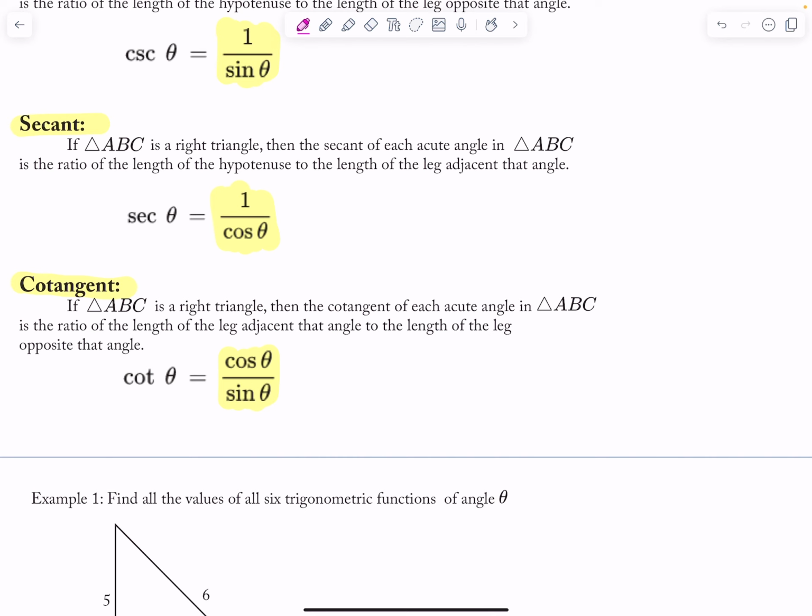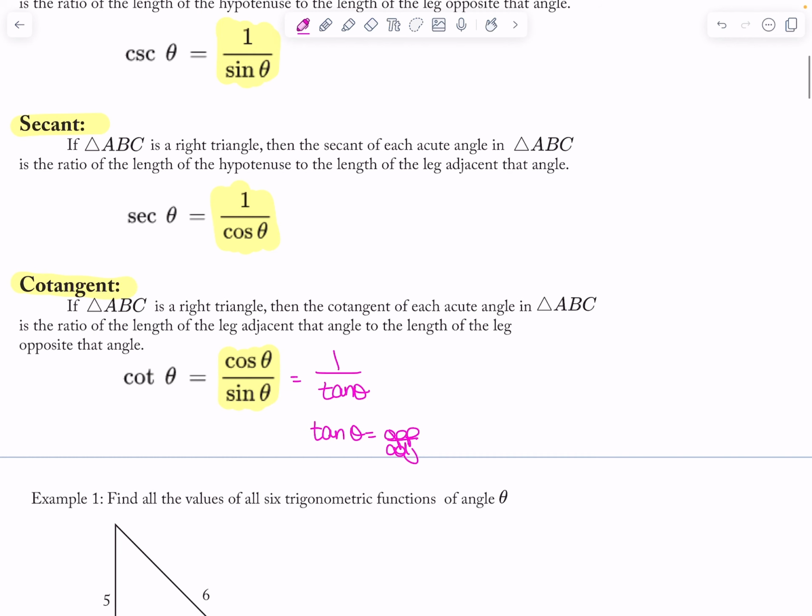So I did it as cosine over sine, but I could have done it as 1 over tangent of theta. Remember that tangent of theta is opposite over adjacent.